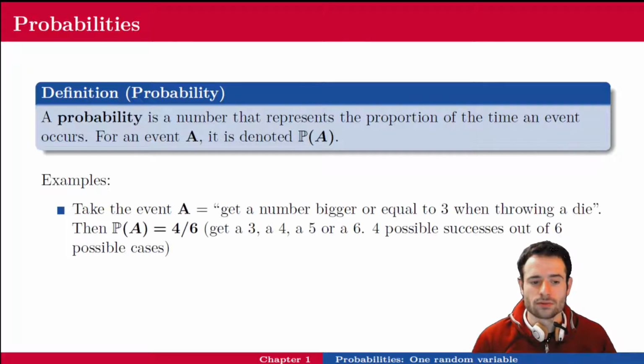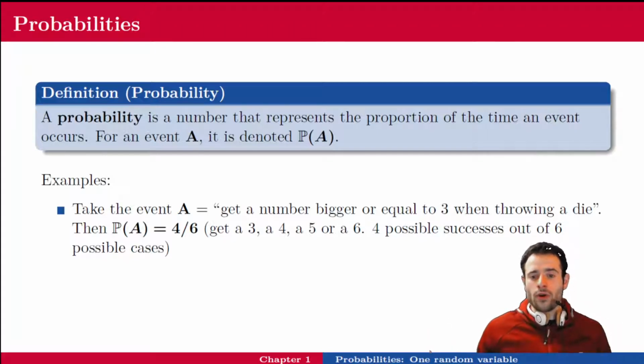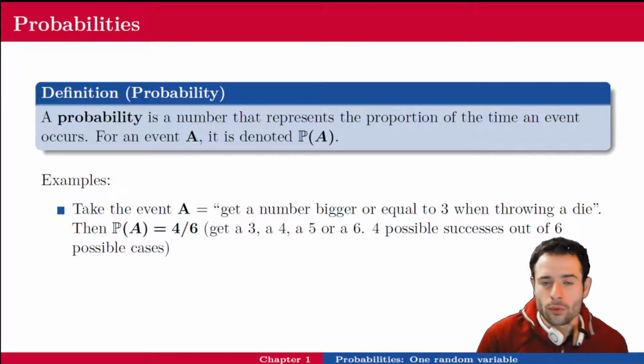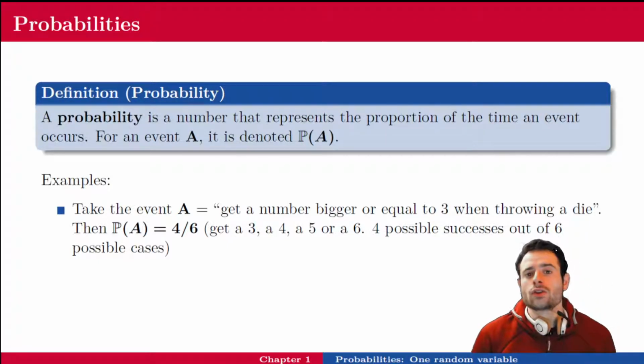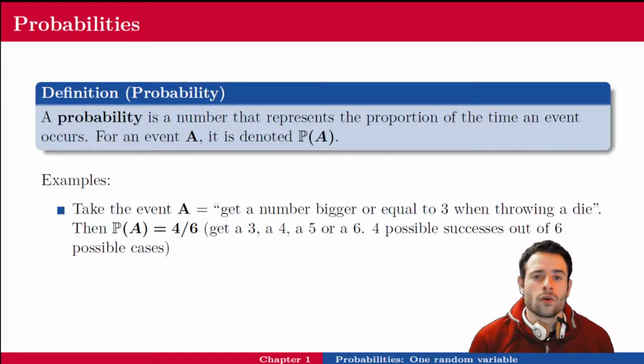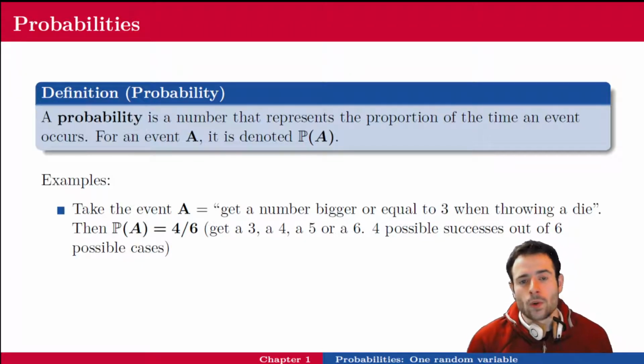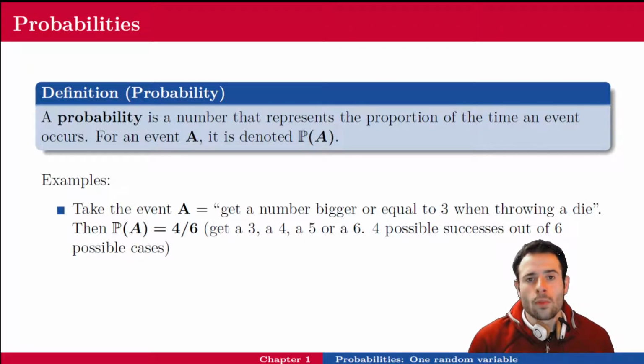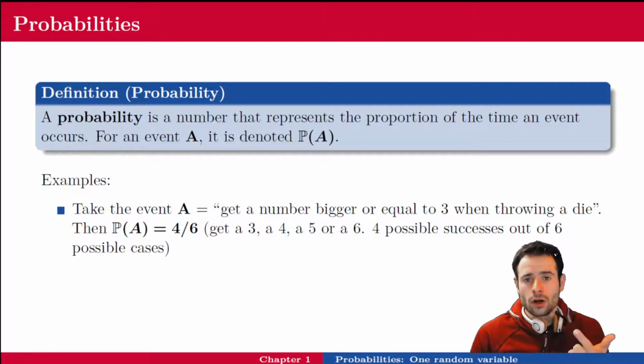Couple of examples. An event could be get a number bigger or equal to 3 if you throw a die. So, when you throw a die, you can get either 1, 2, 3, 4, 5, or 6. So the probability of getting a number bigger or equal to 3 will be the probability of getting either a 3, a 4, a 5, or a 6.